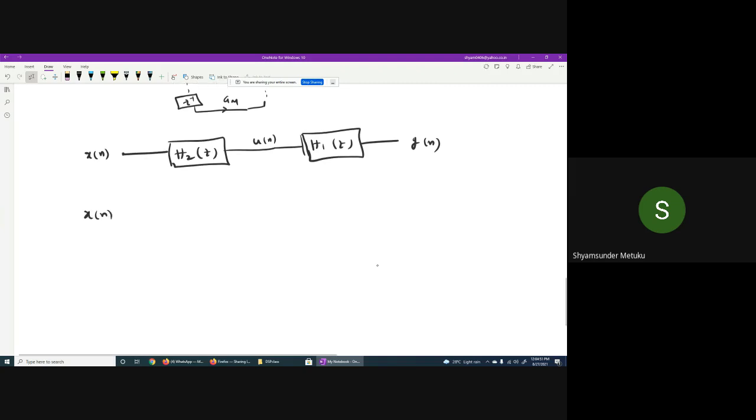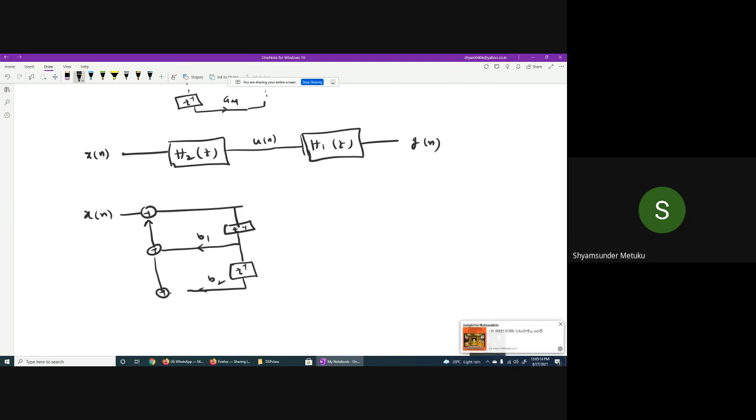X of n multiplied by b1, b2, will be repeated. How long? Bn.